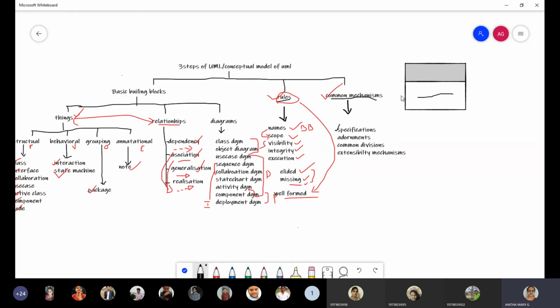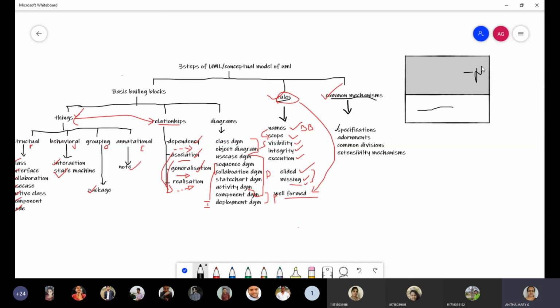Here it specifies why 3 compartments. Each one has some specification. The first block is meant for names. The second block is meant for attributes. And the third block is meant for operations.